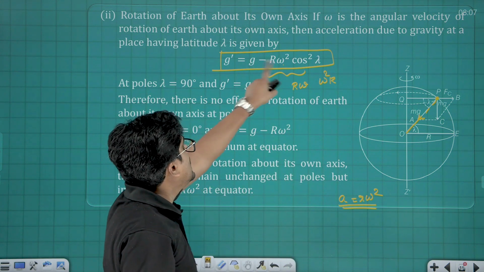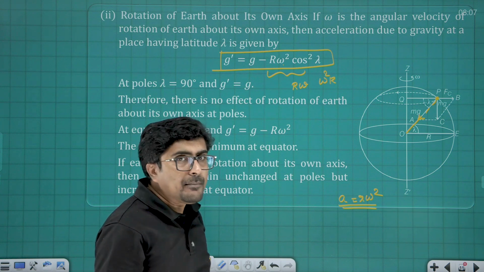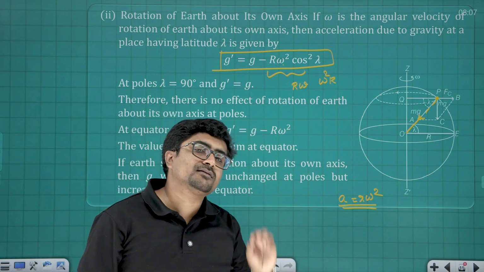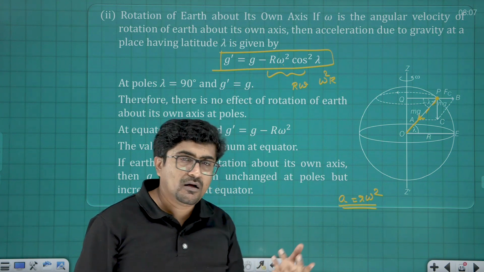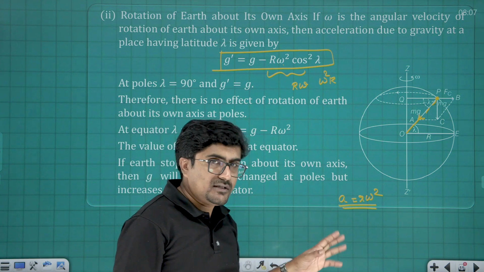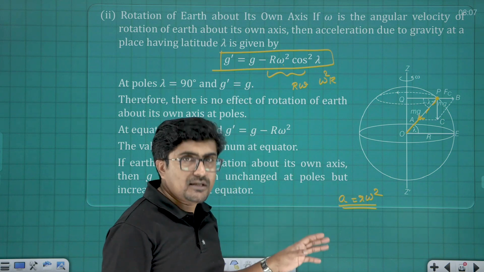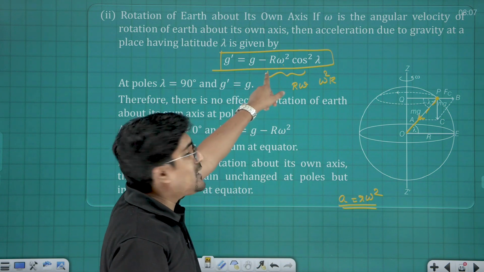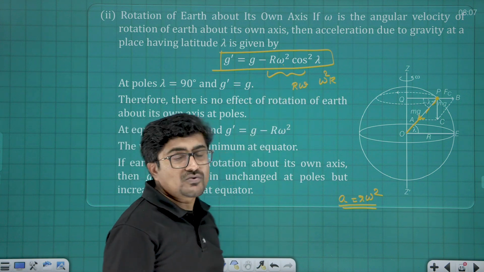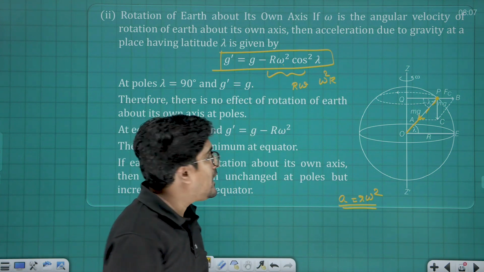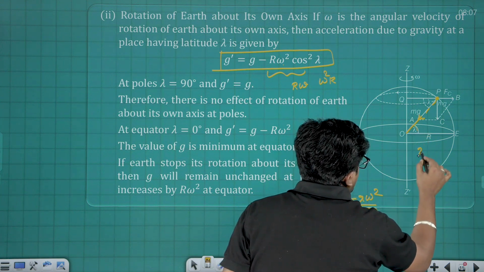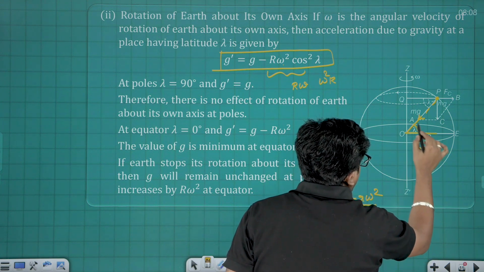Dimensionally these two need to be the same. If it is A minus B, definitely A should have the same dimension as that of B only. So here we can't have r into omega, because r into omega is not acceleration, only r omega square is acceleration. So keep that in mind. It is r omega square because after all it's acceleration, and the cos square theta term is there. And here it's not marked as theta; the angle is taken as lambda, so this is that angle.